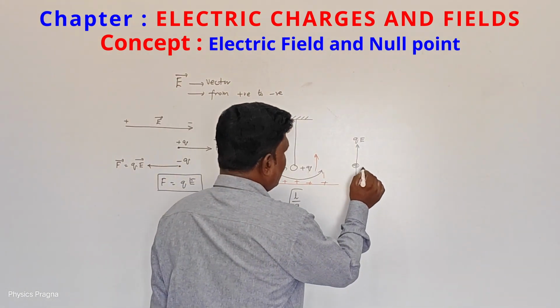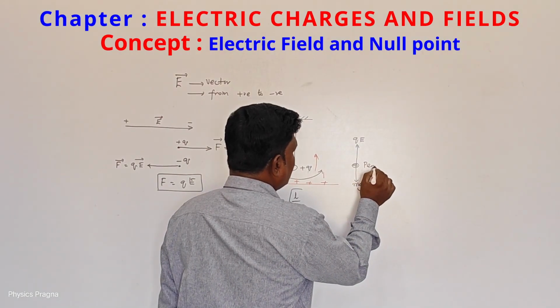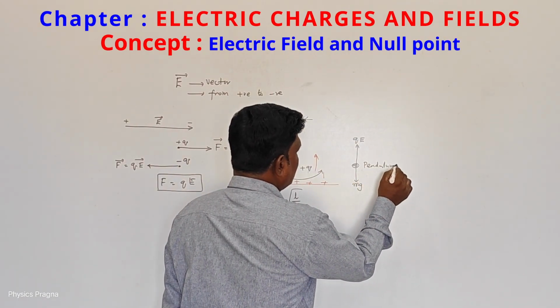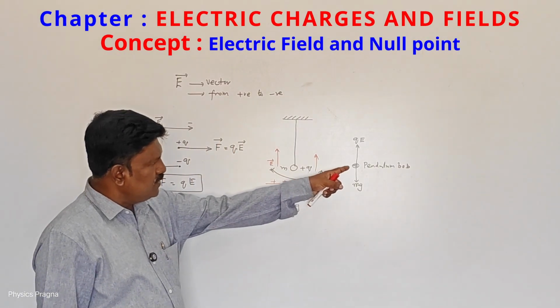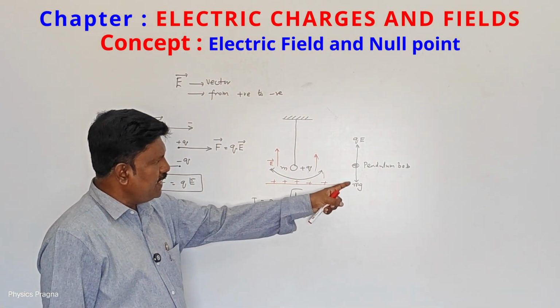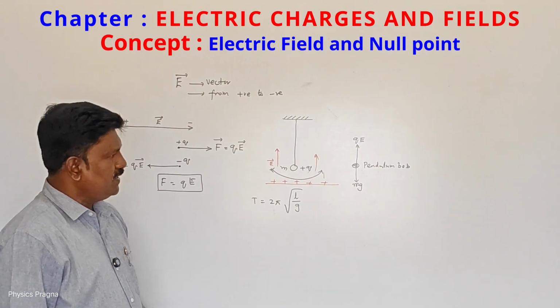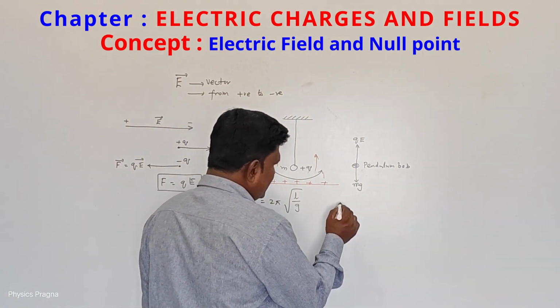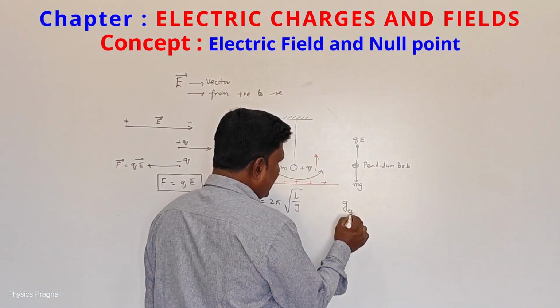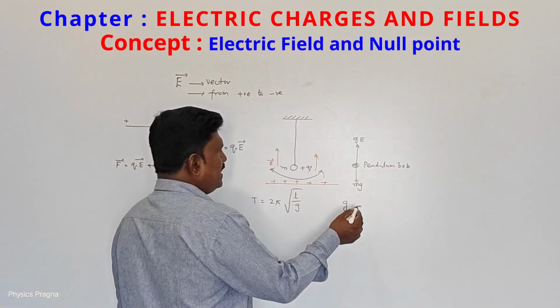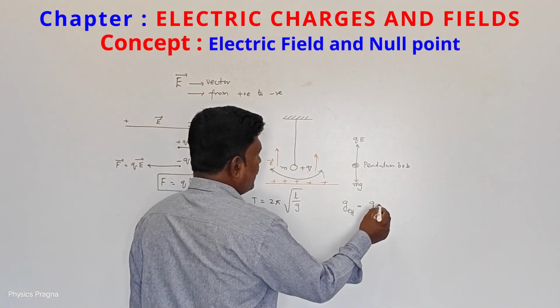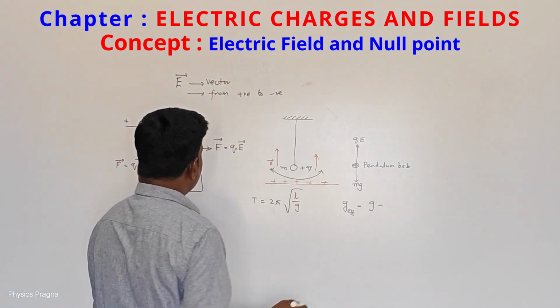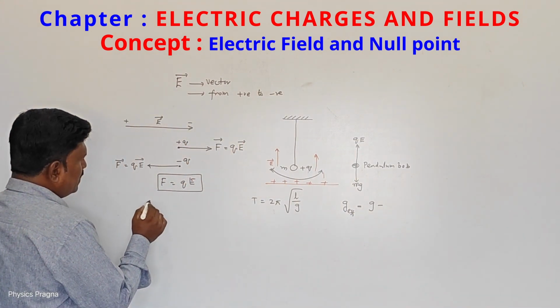This is the pendulum bob. So on this pendulum bob, two forces are acting, weight and the electric force. Because of this, g value, effective g value changes. How? See, this is g down, this is up, minus, see, force is equal to QE.